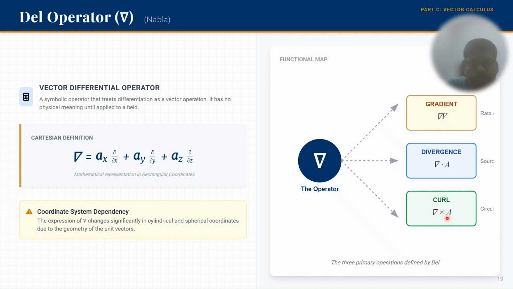The dot product of two vectors involves the cosine of the angle between them, and the cross product involves the sine of the angle between them, and the direction of the result is normal to the surface of those vectors.